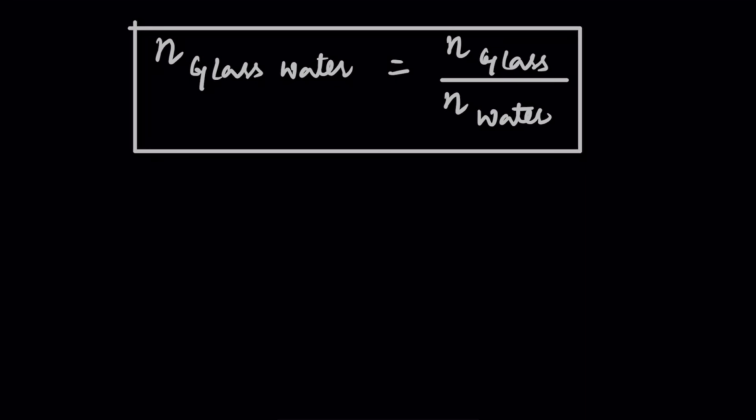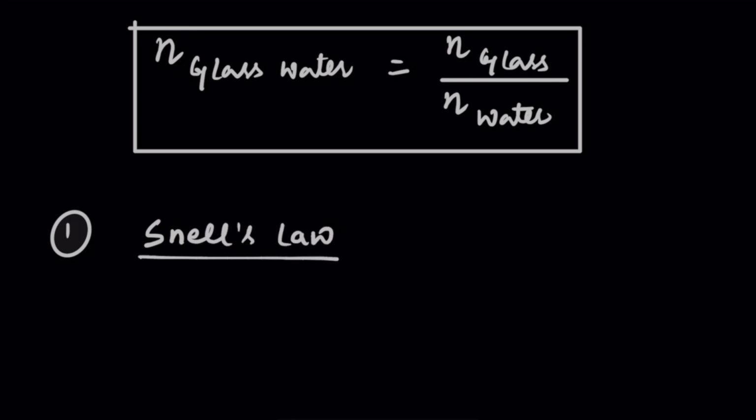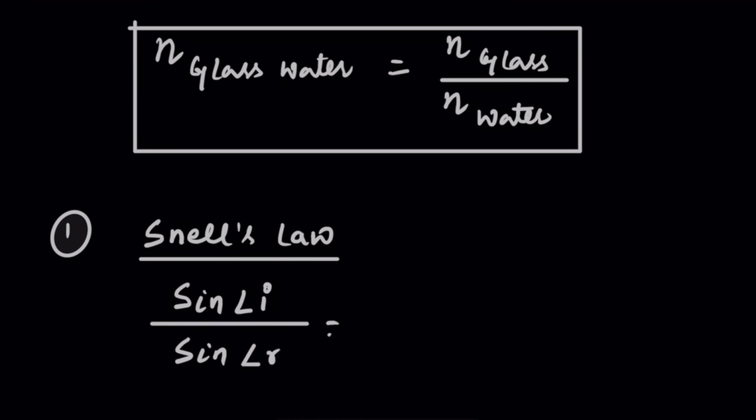So right now we saw three formulas through which we can solve questions based on refractive index. First formula was Snell's law. The first law of refraction is also called Snell's law, which is equal to sine I by sine R, which is equal to n21.